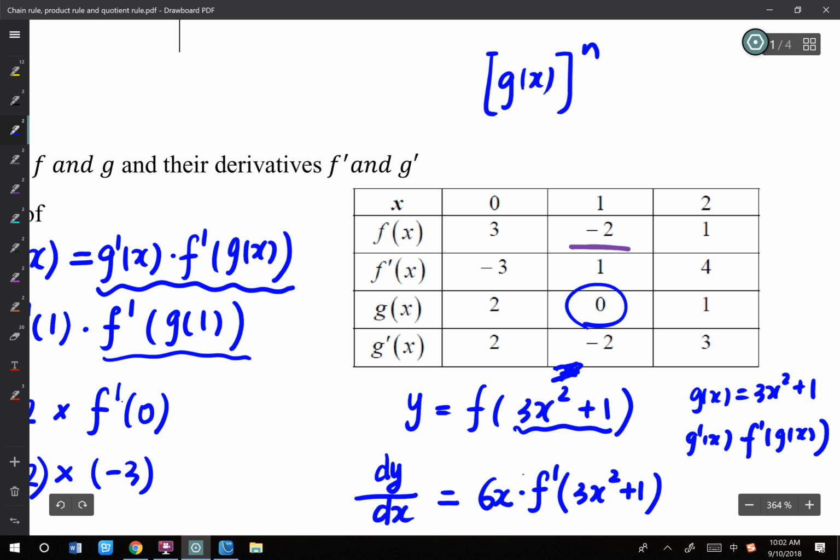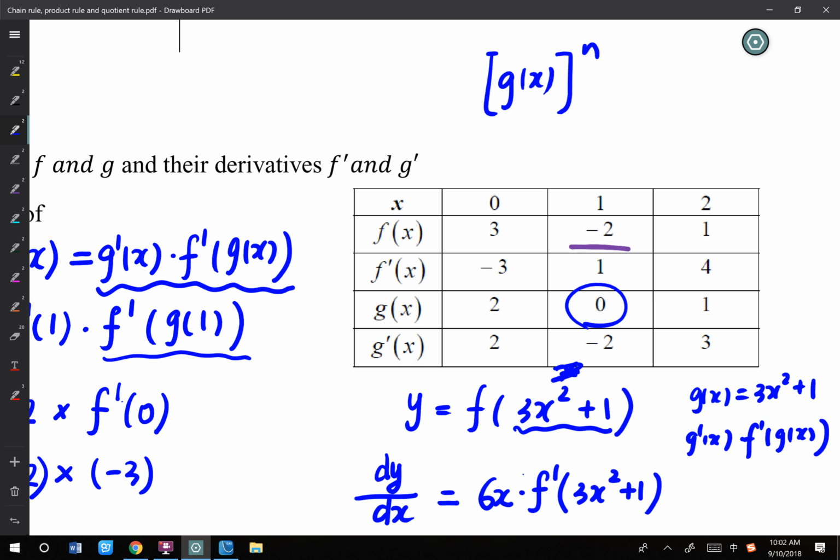Can't you say the power of 1? There's no point if it's to the power of 1. To the power of 1 is still the same function, it's still g(x). n needs to be anything except 1 or 0, otherwise it's not meaningful. Why would we need to use the second formula?